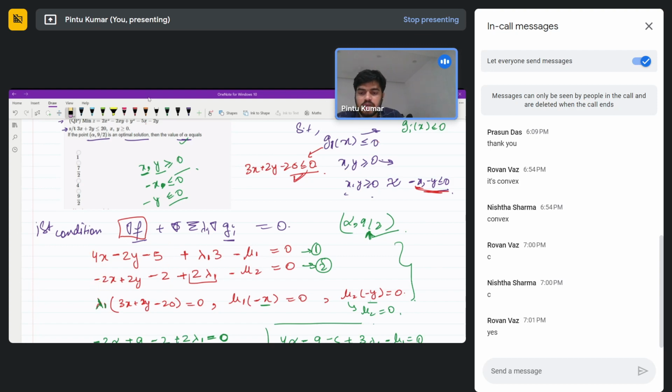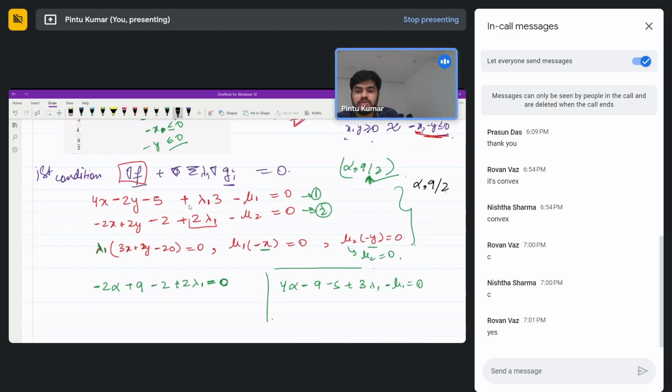So let's say my point is alpha comma 9 by 2. Now if my alpha is 0, what would happen? Let's look at the situation when my alpha is 0.